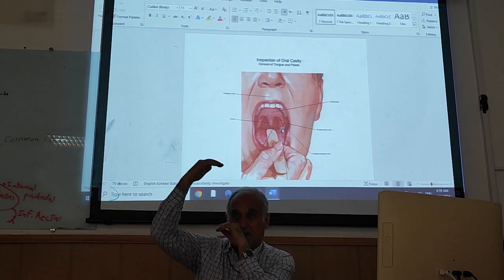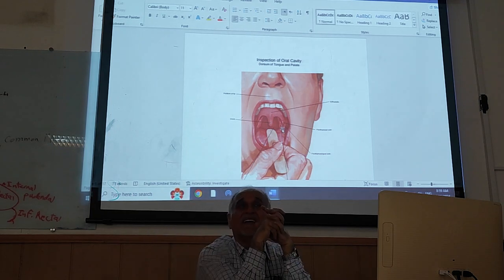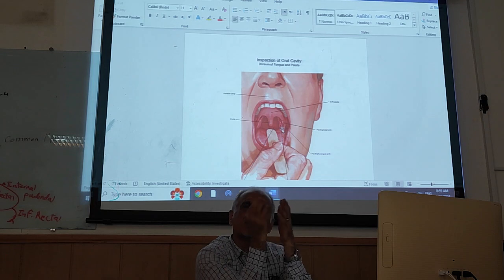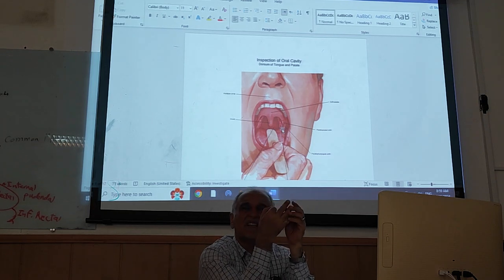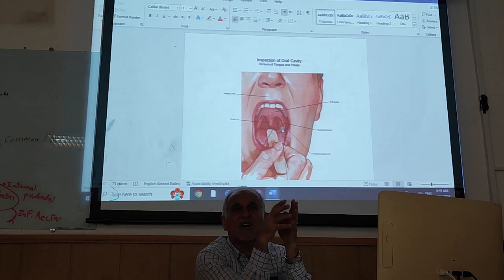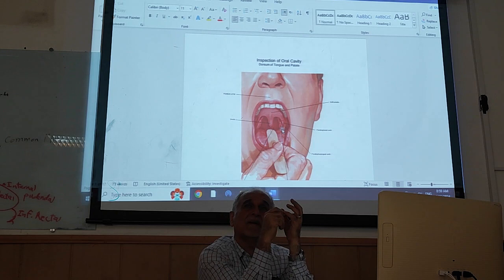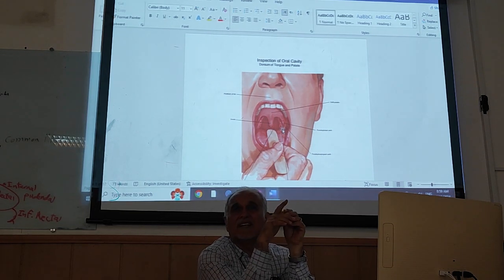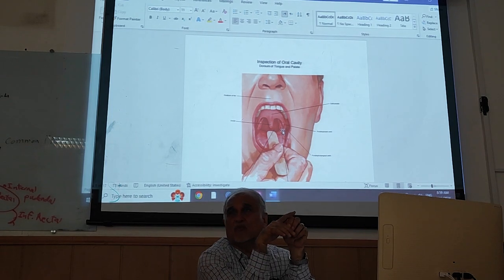At the top of the nasopharynx, we have this kind of tonsil, the adenoid. It is common in children because it becomes hypertrophic. Then a surgeon may remove that. Okay.